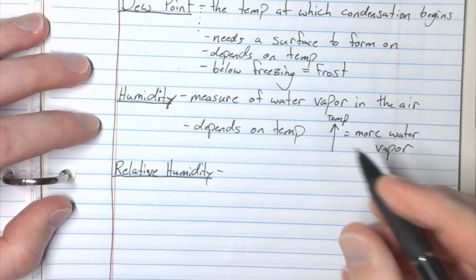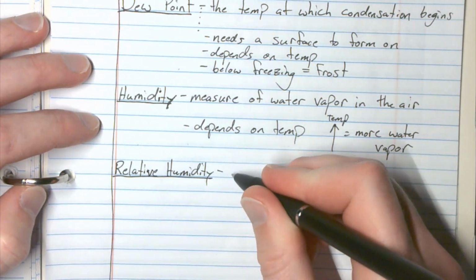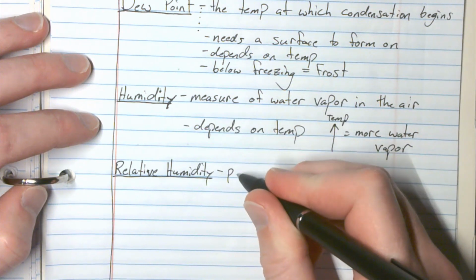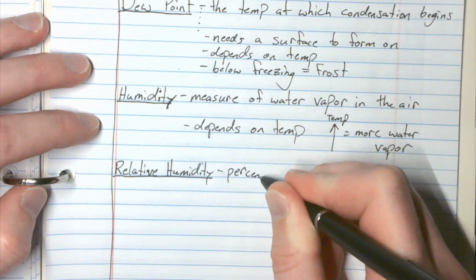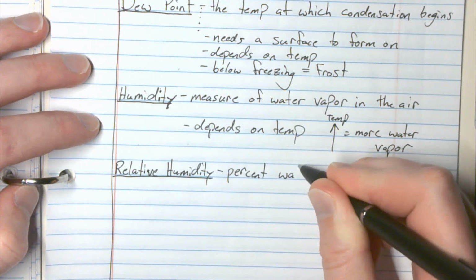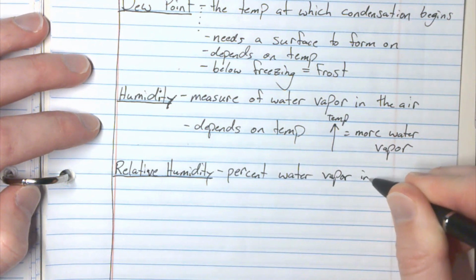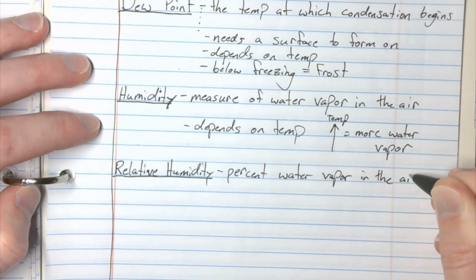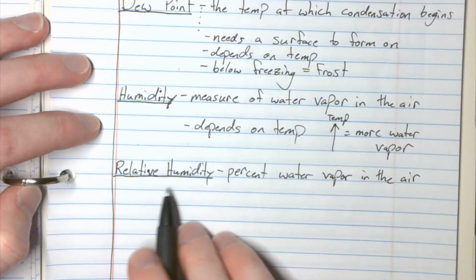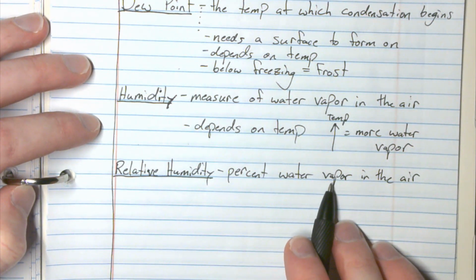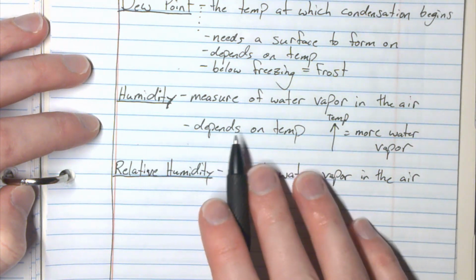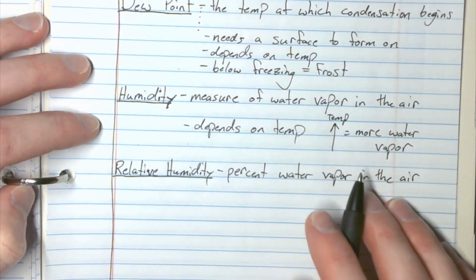All right, so relative humidity is the percent. So this is just the measure. This is the percent water vapor in the air.